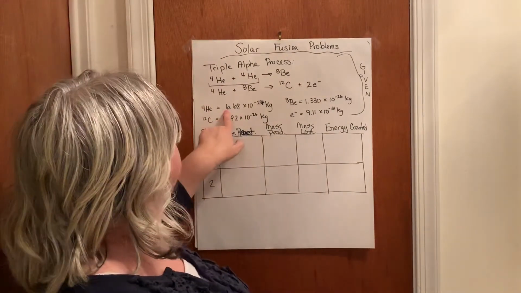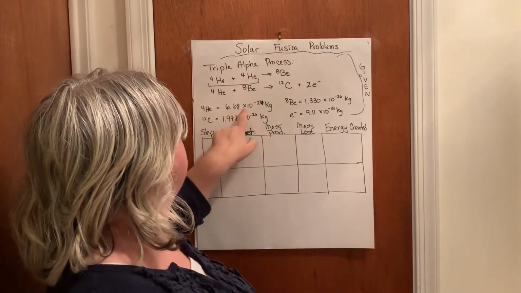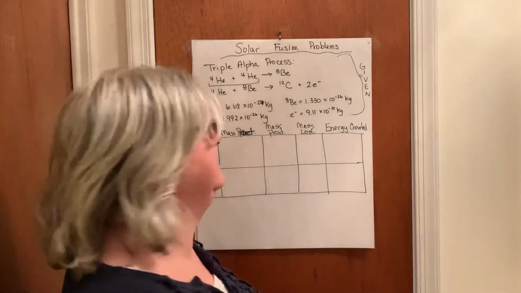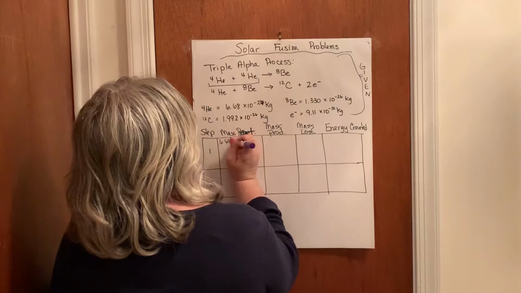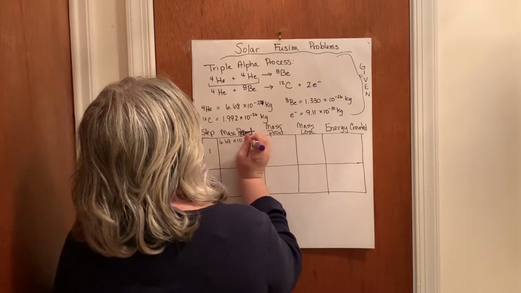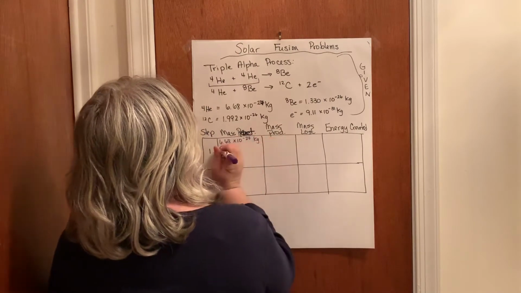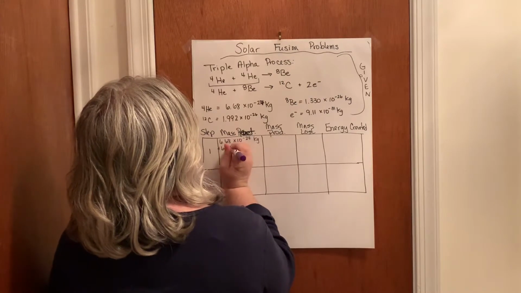Each one has a mass of 6.68 times 10 to the negative 27th kilograms.